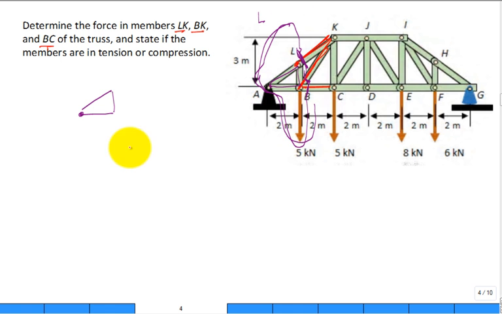And then I have a force, and I'm going to assume everything's in tension initially. So we're going to have the tension force in member LK. Then down here, we'll have the tension force. It's a little steeper, isn't it? A little steeper slope. The force in member BK, and then the force in member BC.